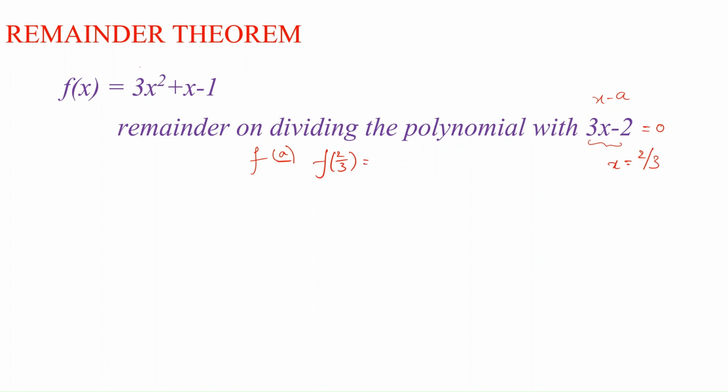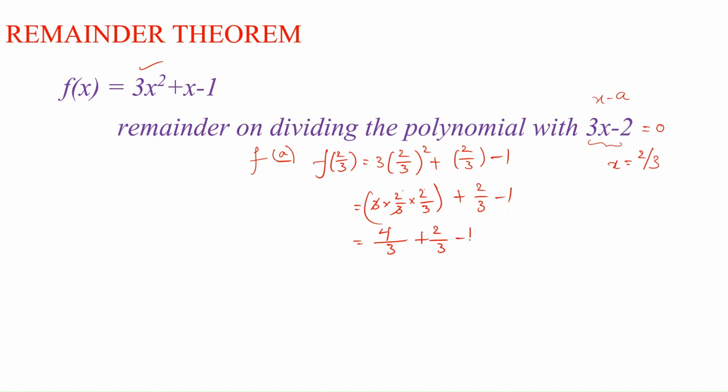From the original equation, 3 into 2 by 3 whole square plus 2 by 3 minus 1. So this is nothing but 3 into 2 by 3 into 2 by 3, this is the first term. Then we have plus 2 by 3 minus 1. The 3 cancels out. So 2 into 2 in the numerator is 4, and in the denominator we have 3 plus 2 upon 3 minus 1.